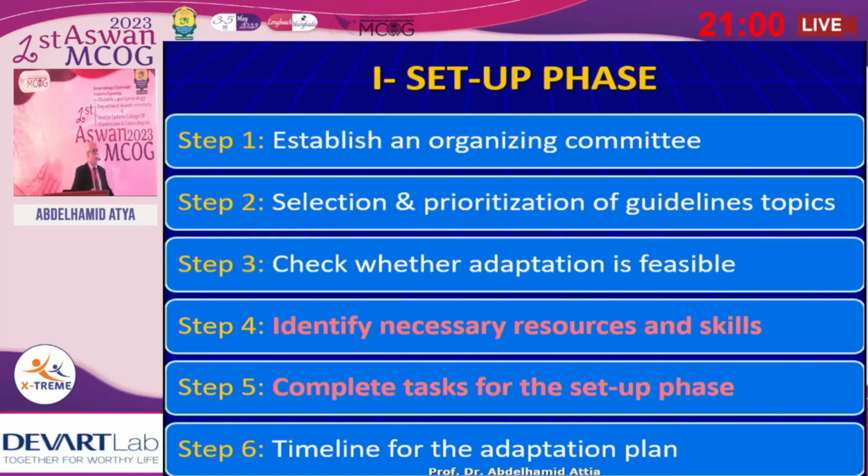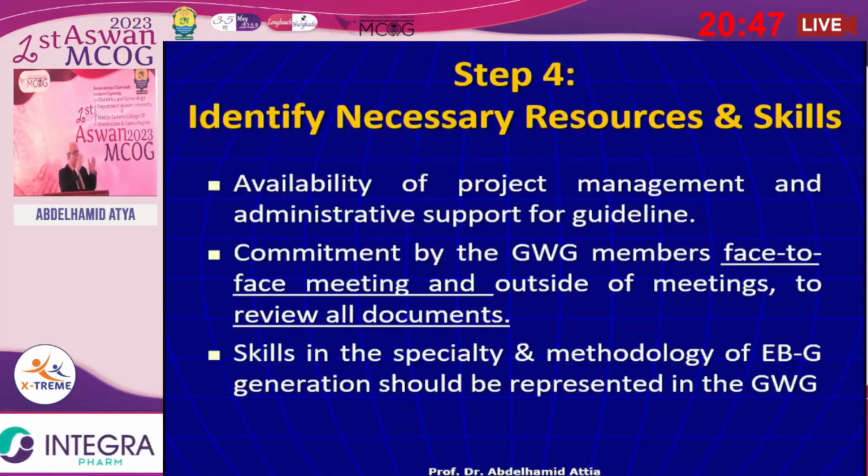I'm going to speak about this, and complete the task of the setup phase and the timeline for the adaptation. So establish the organizing committee, select the topic, check whether adaptation is feasible, and then identify the necessary resources and skills. You need to have a project management team and administrative support of the guideline.